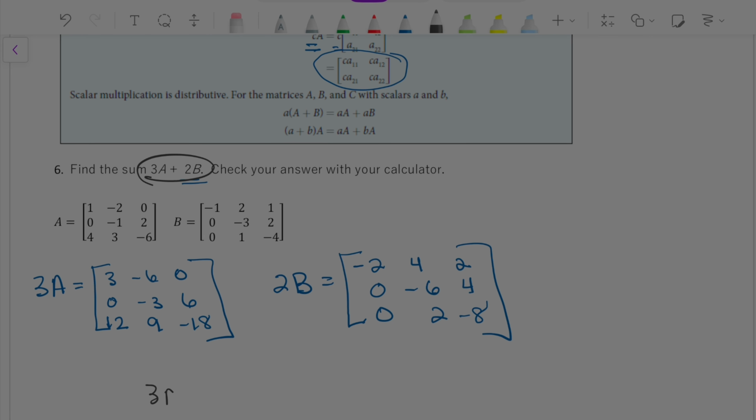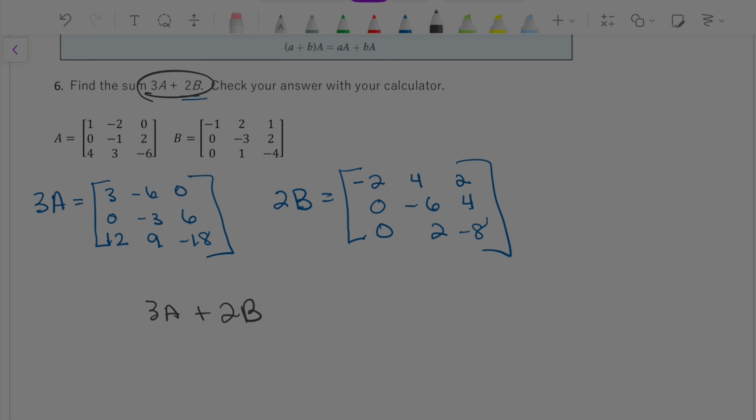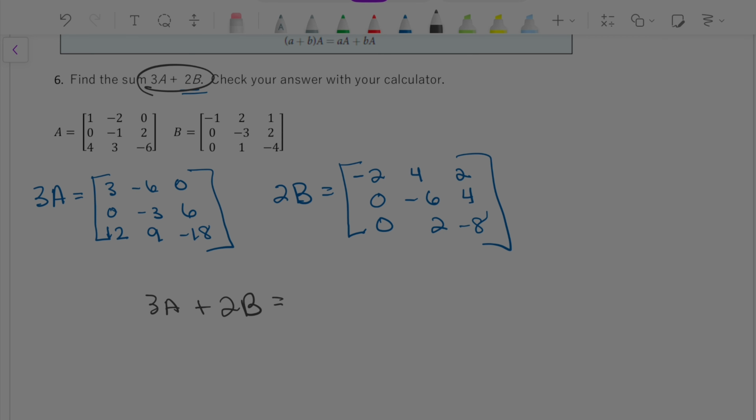So what is 3A plus 2B? Well, we're going to add these two together component-wise. So this 3 has to get added with the -2. This -6 and the 4, 0 and the 2, and so on and so forth. So we will have 1, -2, 2, 0, like so.